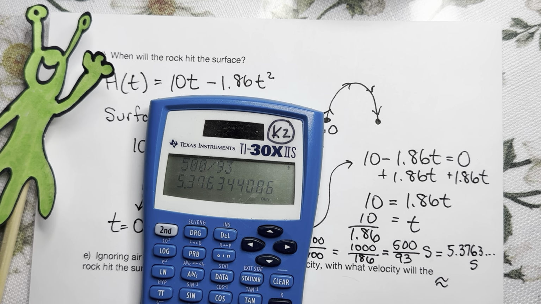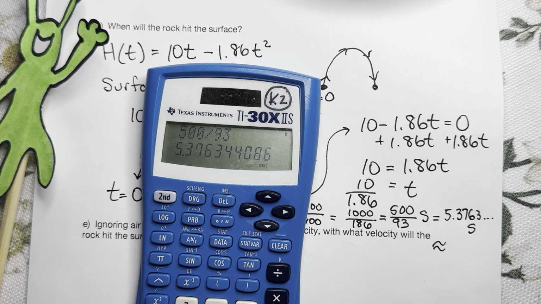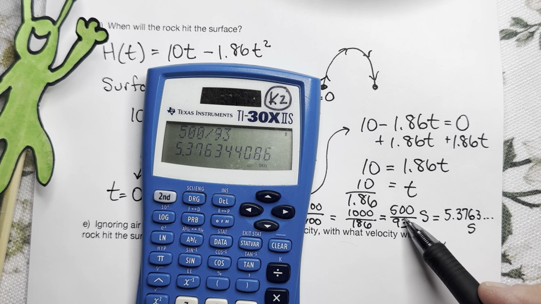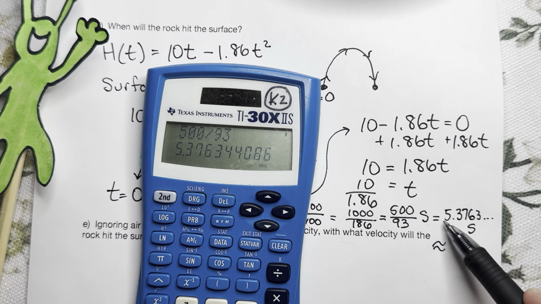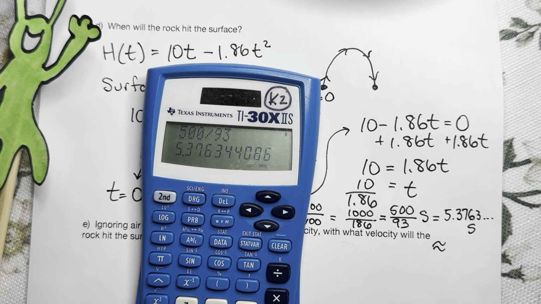And then the problem doesn't tell me how to round. So generally, if a problem doesn't tell you how to round, you should leave it in its exact form, either as a fraction or write out the dots so someone knows that it just keeps going. But I'm going to go ahead and round just for funsies.